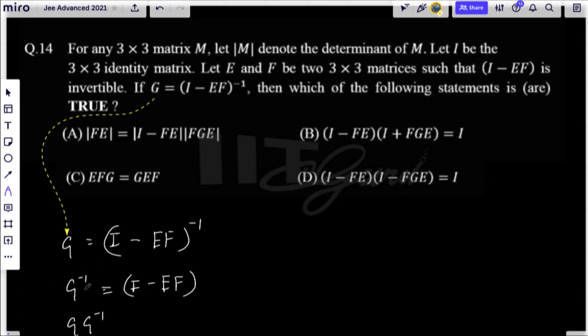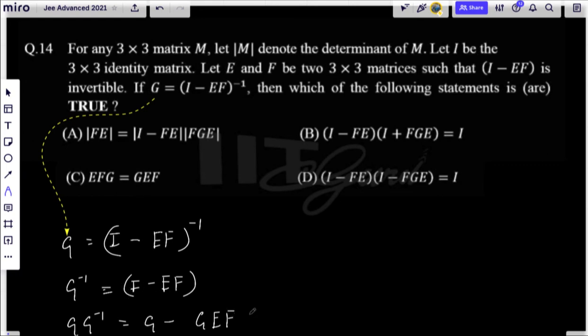When we write G into G inverse, then what we will get here is G minus GEF, correct? Because I is there, multiplying this one, we get G minus GEF. You can take out G common and multiply by G on both sides, or you can say make a pre-multiplication of G on both sides.